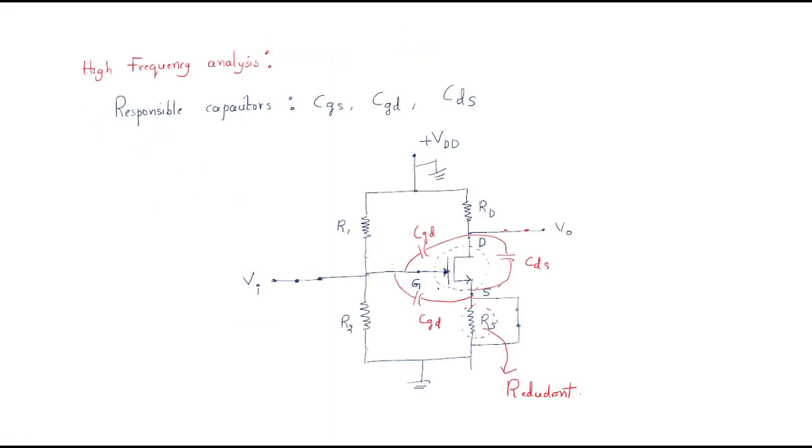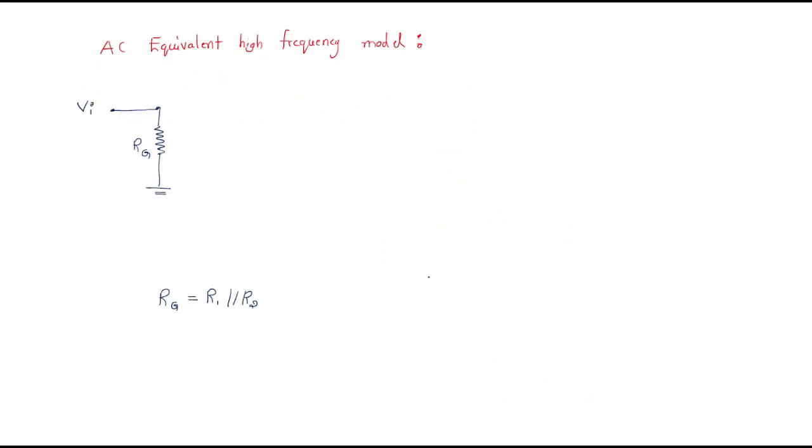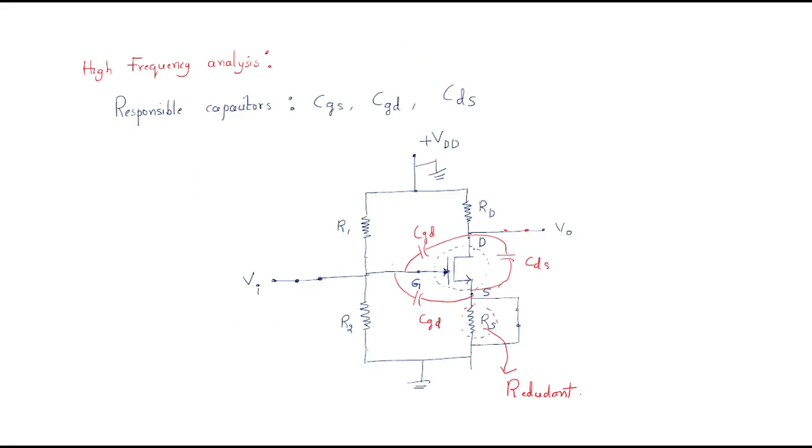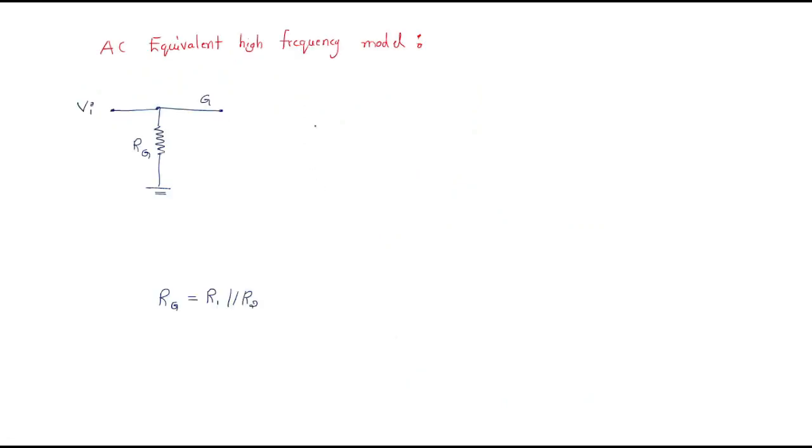Next, what about the gate? Here the gate is open, so just write open, then we will draw the stray capacitance. Next, between drain and source we have a current source, and the source is connected to ground.